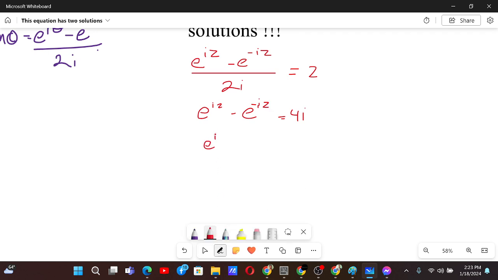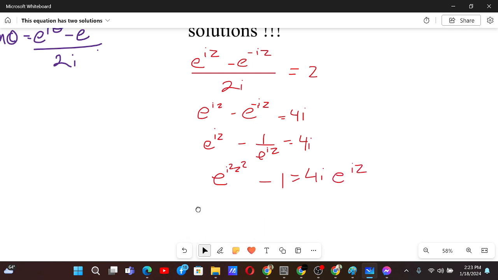Now we can write the e to the power minus iz in terms of a fraction. And now we can take the LCM. That gives us e to the power 2iz minus 1 equals 4i times e to the power iz.